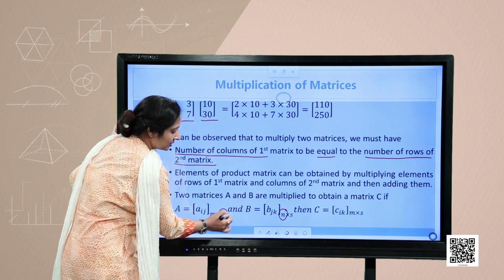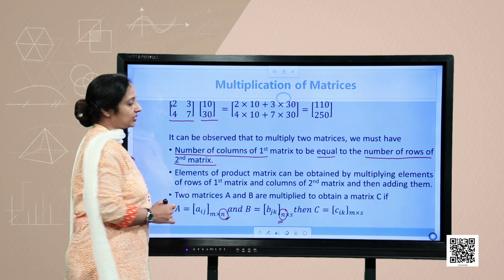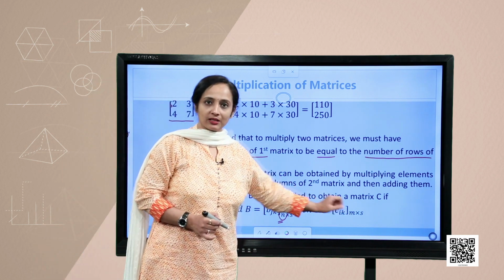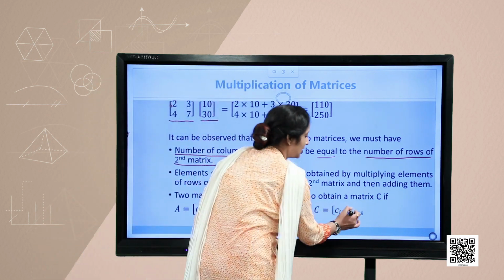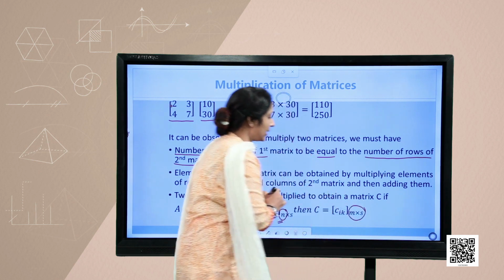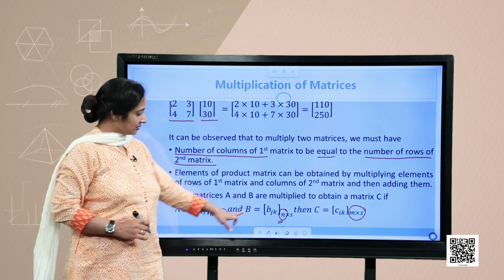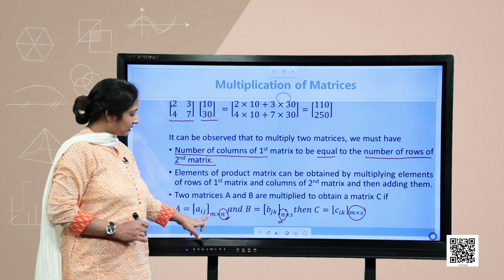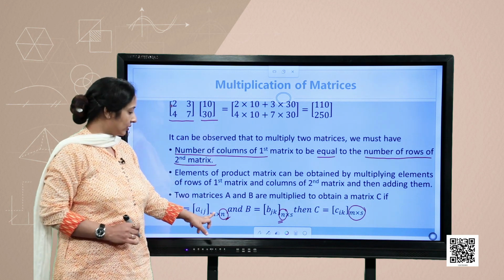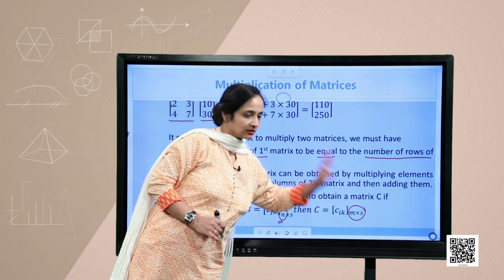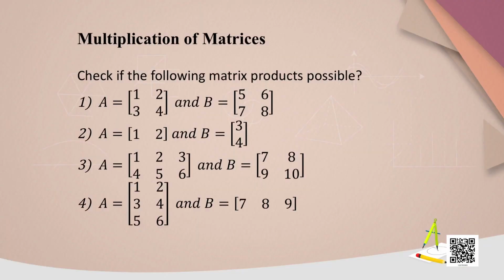Do take care that this n and this n have to be equal. Then we obtain a product matrix which is of the order m by s. You can see that this n has been cancelled and the product matrix will have order m by s like this. So let us do a few questions.